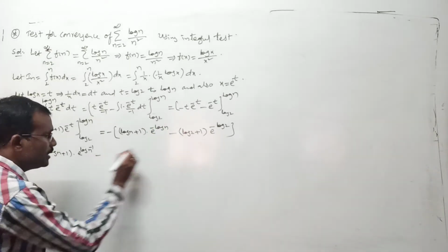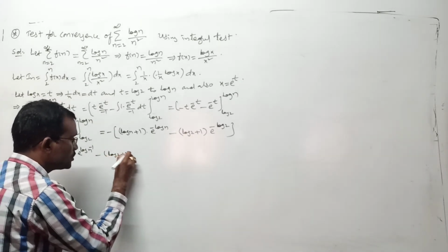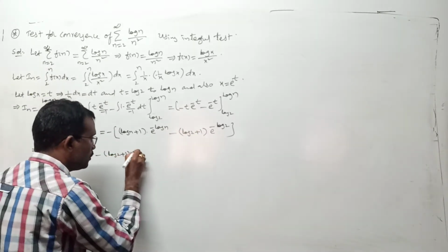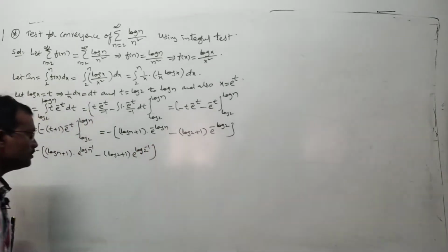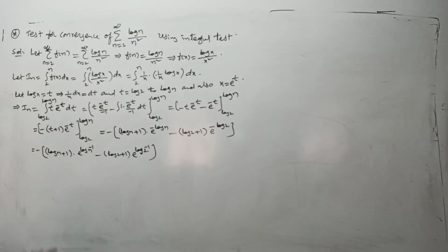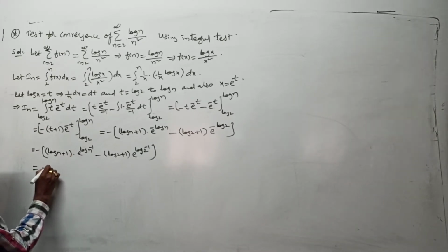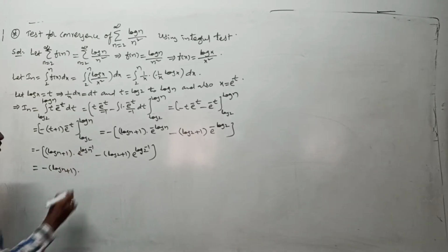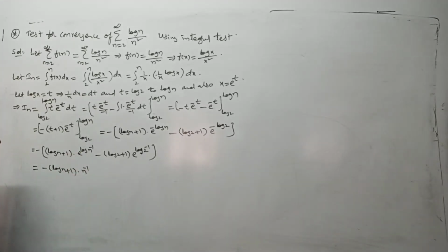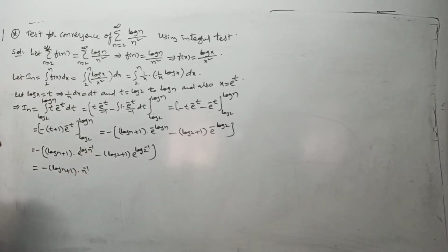Minus this I am writing as it is: log 2 plus 1 into here also e power log of 2 to the power minus 1. Any problem there? Now take this minus inside, no problem. This is minus, now minus of log n plus 1 into this you can write as n inverse. Any problem? E power log n inverse, base e means what? Is it n inverse or not?